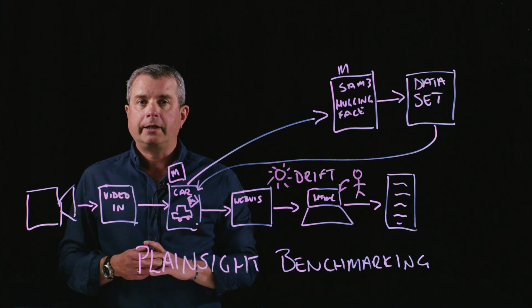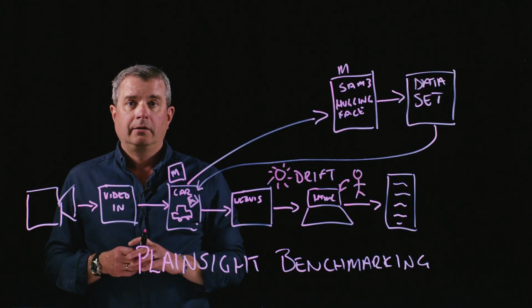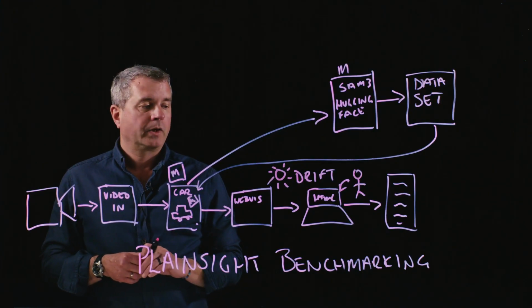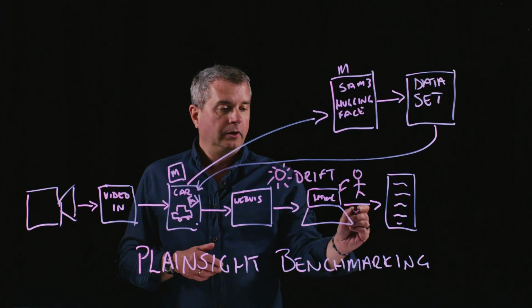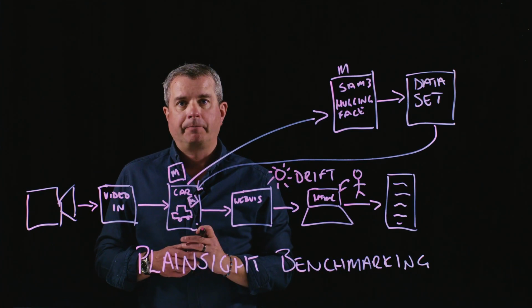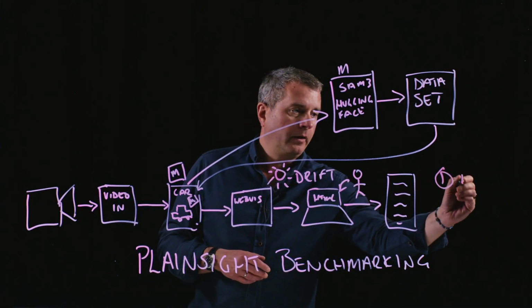It's creating different lighting conditions. It may be a type or style of car that hasn't been seen by the filter previously. And so that drift creates inaccuracy within the pipeline. This is one scenario that can occur, drift.